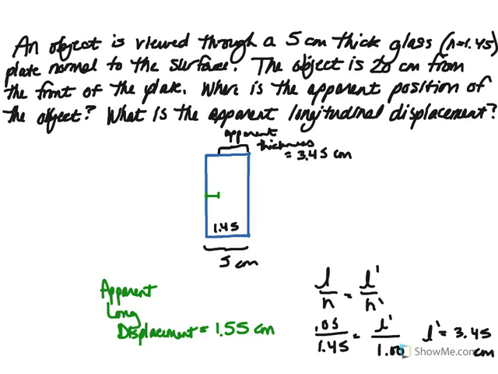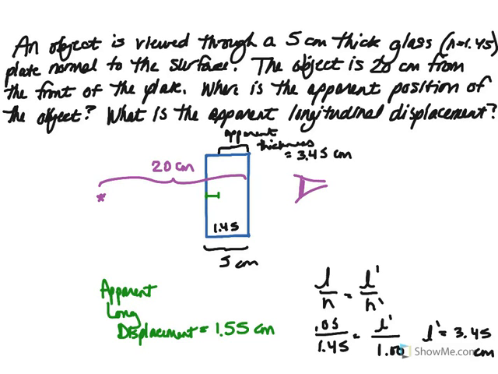So for this problem, we have an object that's located 20 centimeters from the front of the plate. And we want to know if somebody is viewing from the front of the plate, what would be the apparent position of that object.